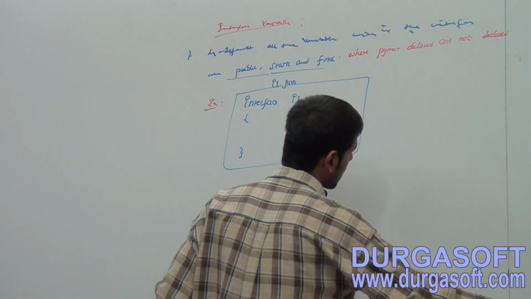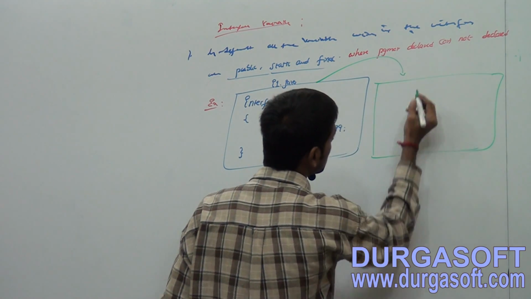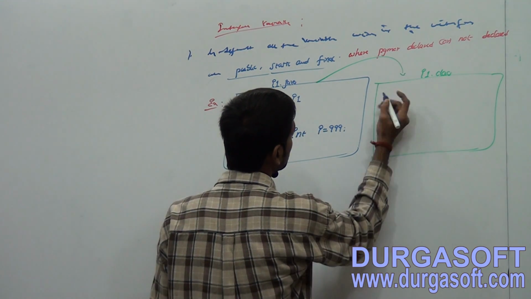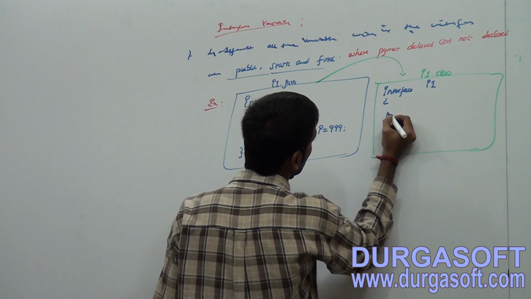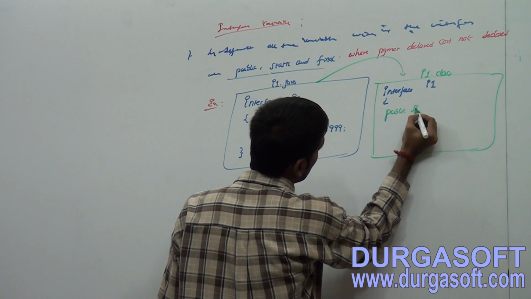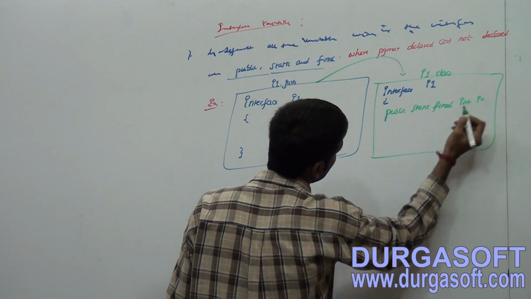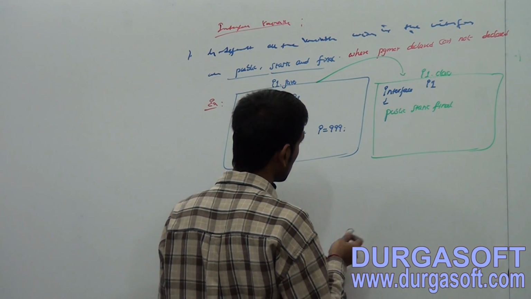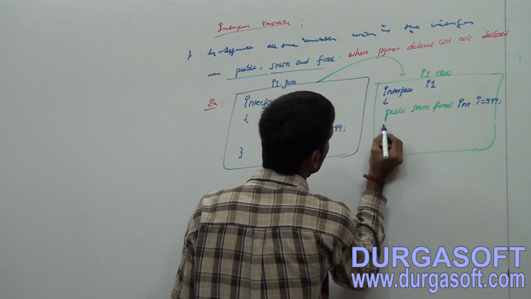If I compile this piece of code, the .class file will be in this way: interface I1, public static final int i equals 999.